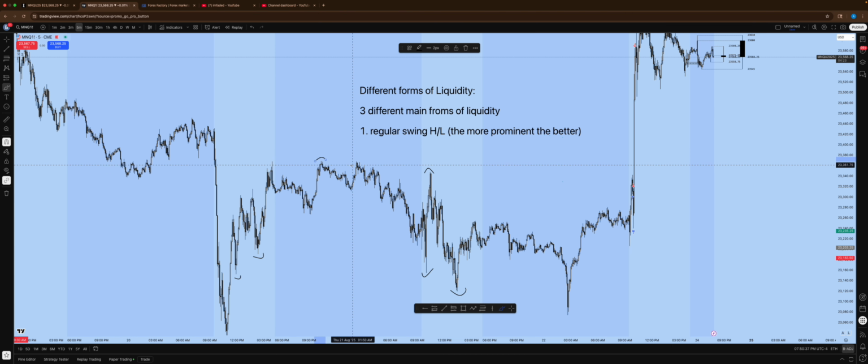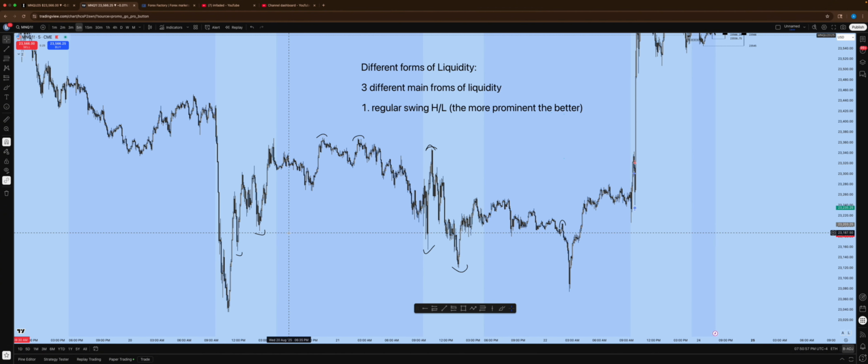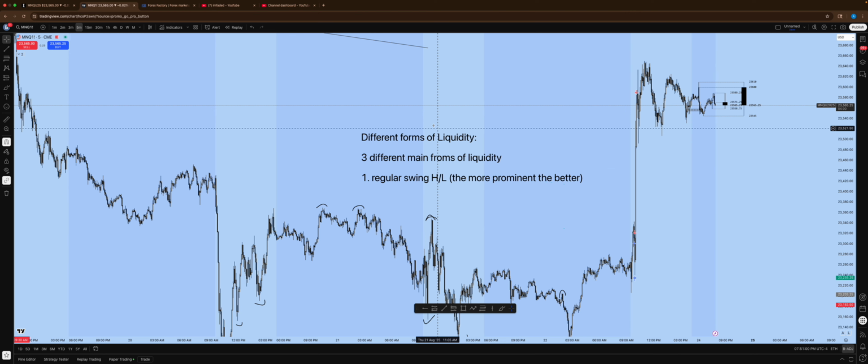But any high or low that you see in the market is liquidity. And the more prominent it is, like this one right here, it's probably most of the time going to be a better source of liquidity than this swing low or swing high down here. So that's the first form of liquidity that I want to go over.